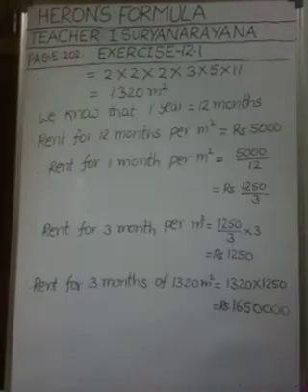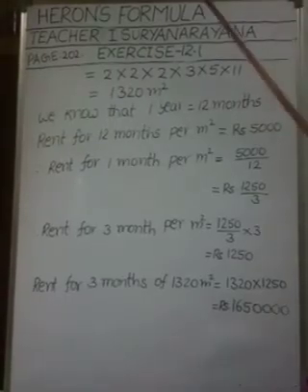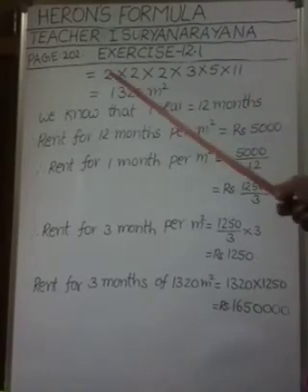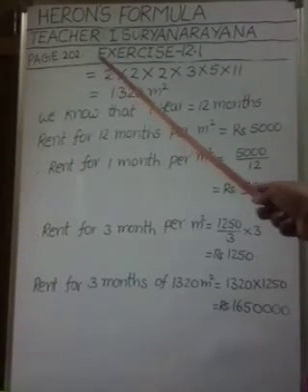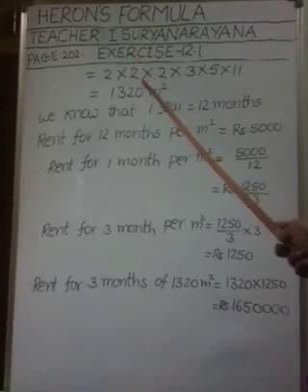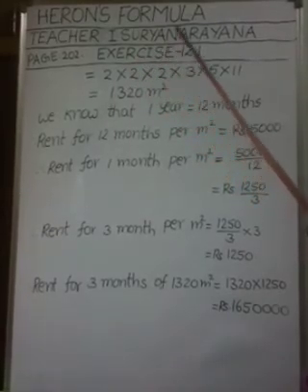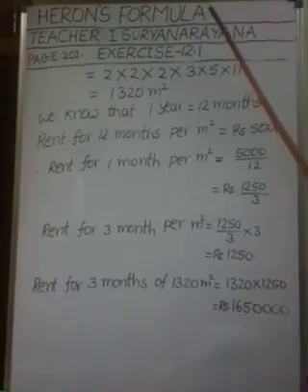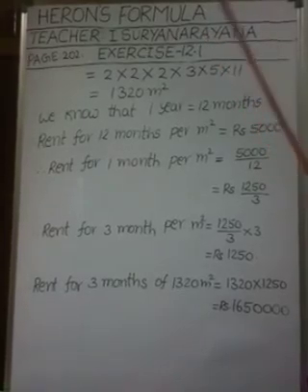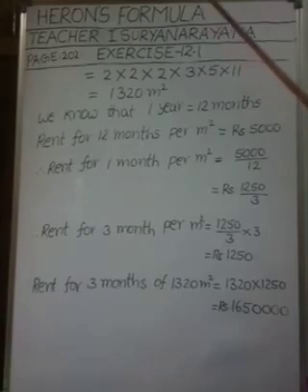Right. From each pair we are taking only one number. Do you know that rule, my dear children? While finding the square root of a number, when it is written as a product of prime numbers, from each pair we have to write only one number.